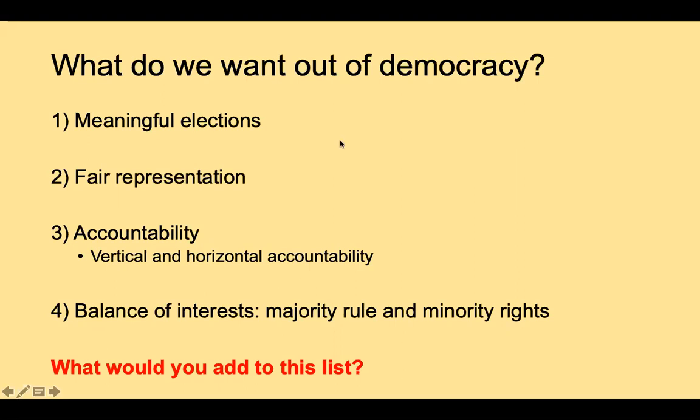Alexis says, if we were to change the Electoral College and make states not vote by winner take all and instead voted in proportion to the number of votes per candidate, would that be fair representation of balance of interest, or would it just band-aid the issue? Alexis, great question. I think that it would help us to maybe begin to approach fairer representation. The reason is because if we're able to vote for who we like, and if who we like gets the proportion of the vote that they received, and then seats are divided based upon those proportions, that would mean that we could have 2 or 3 or 4 more candidates per district.